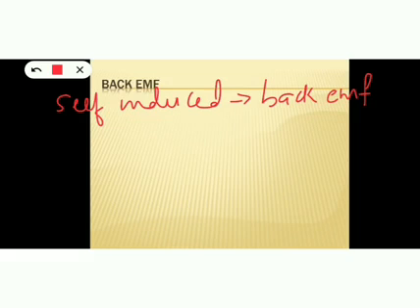Okay. Current needs to do some work against this back EMF because self-induced EMF or back EMF always opposes the growth of current. So, if more and more current wants to flow through the circuit, current needs to do some work against this back EMF. And this work done is stored as magnetic potential energy.